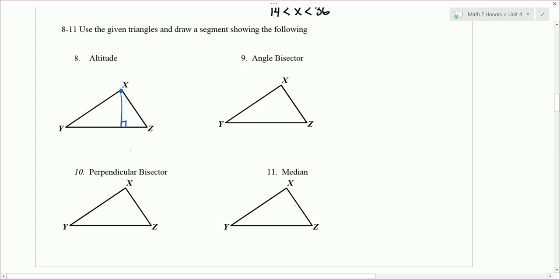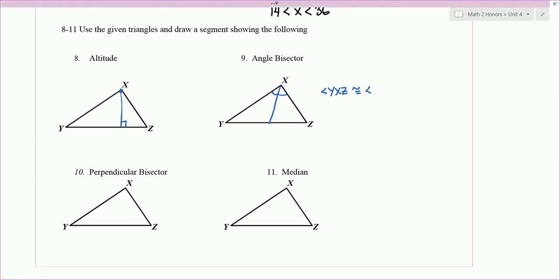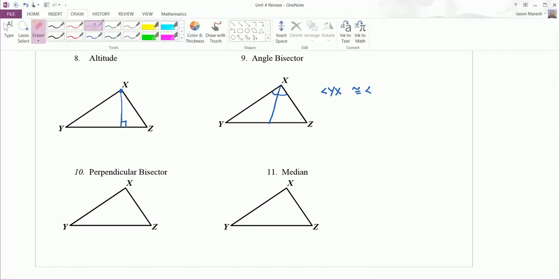So that's our altitude. Number 9, we're going to do an angle bisector. I'm going to bisect angle x. An angle bisector cuts angle x in half, so that angle YXZ is congruent to angle, not Z, we're going to have to put another point here.